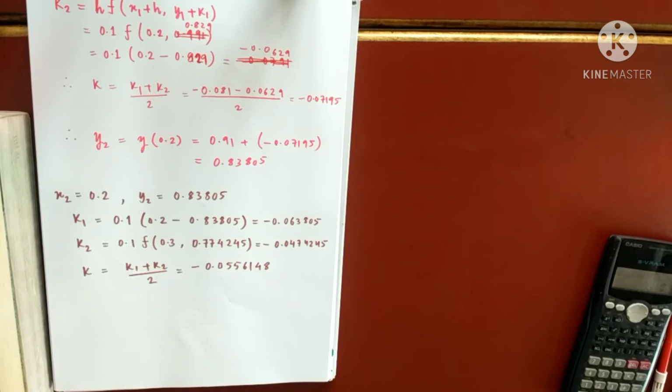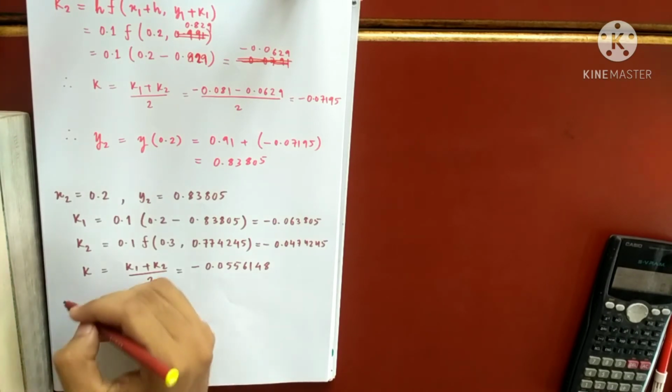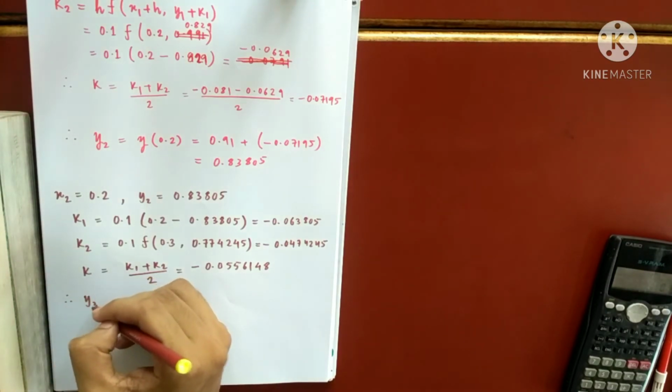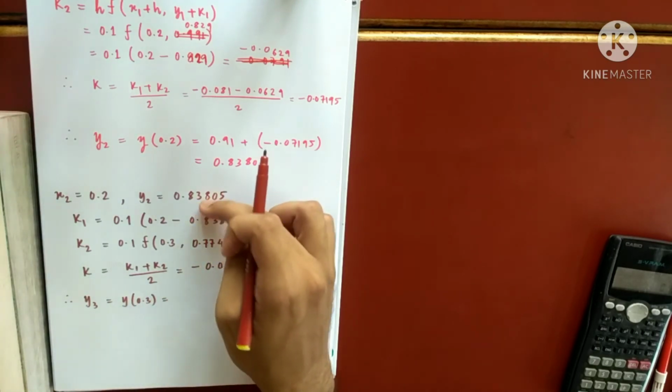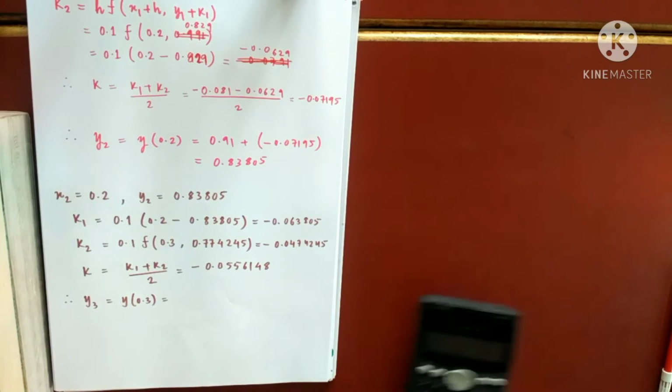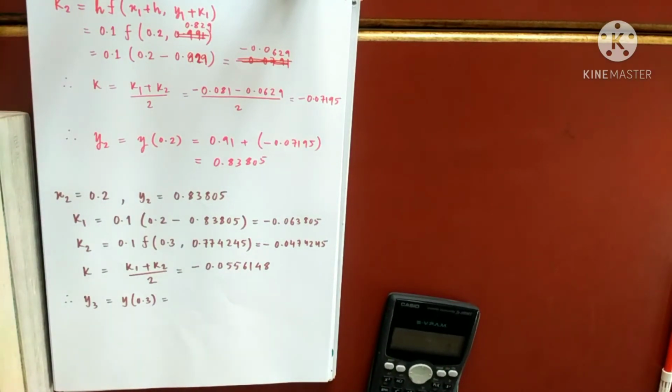So what is y3 therefore? So y3 is nothing but y at 0.3, which is nothing but y2 plus k, that means 0.83805 plus this, that means becoming minus only 0.055648.